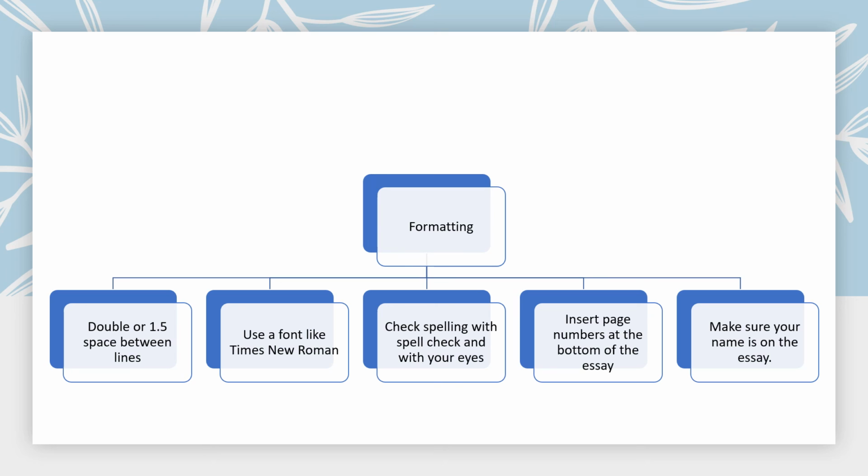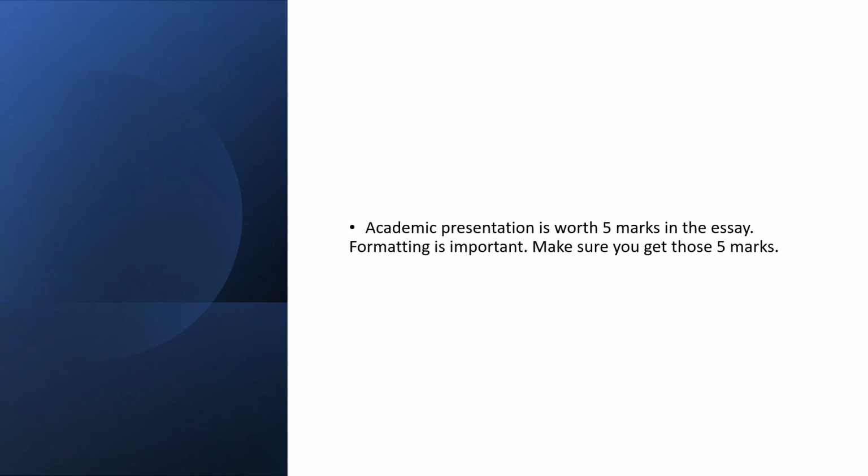Insert page numbers at the bottom of the essay and make sure your name is on the essay, please, because otherwise I don't know whose essay it is. And let me just repeat, academic presentation is worth 5 marks in this essay. Formatting is important. Make sure you get those 5 marks.